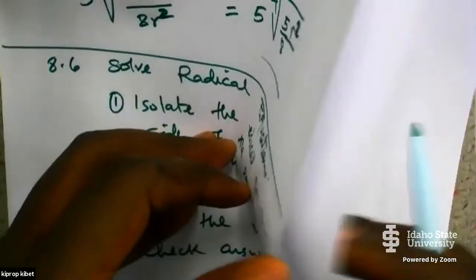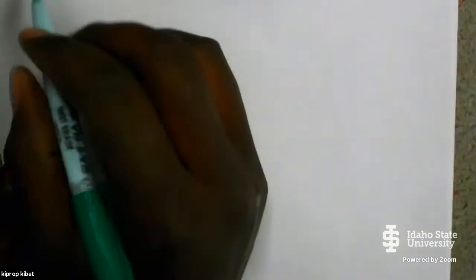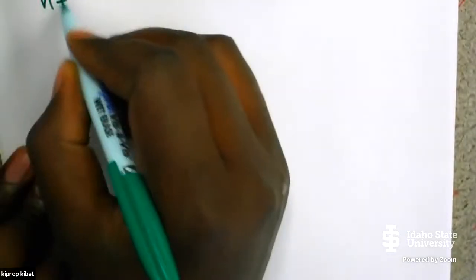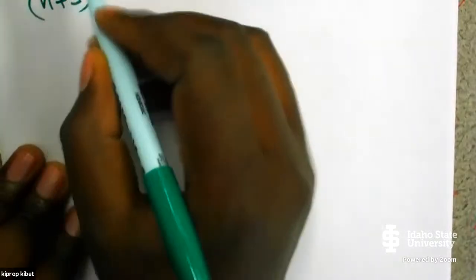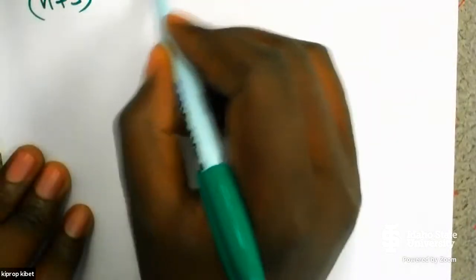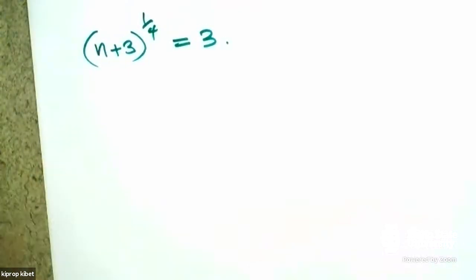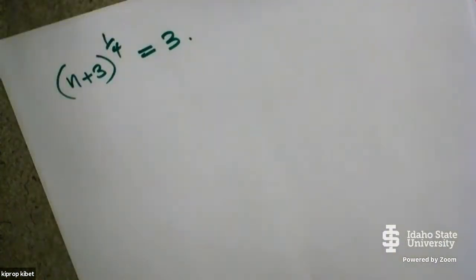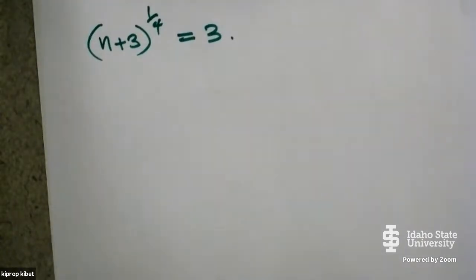So example number 1. Solve n plus 3 raised to 1 all over 4 equals 3. So this is a radical, the fourth root of what? n plus 3.